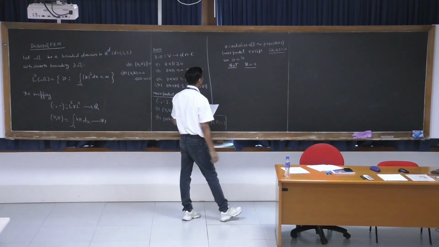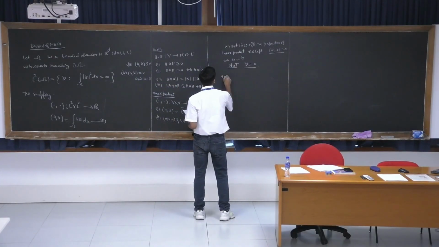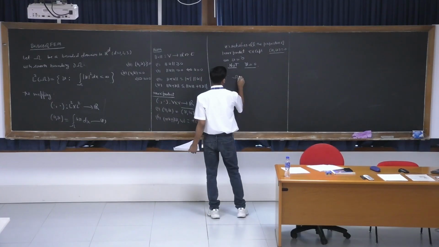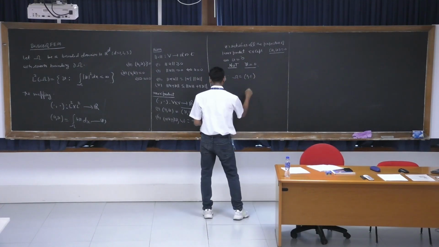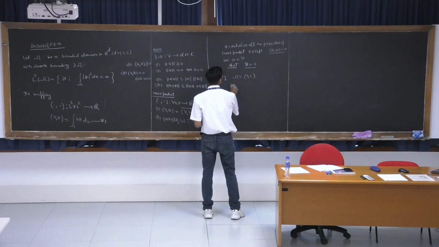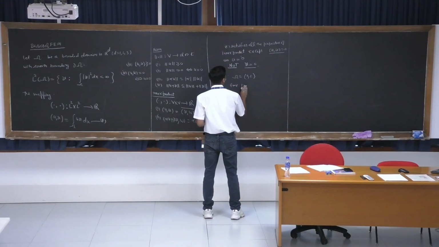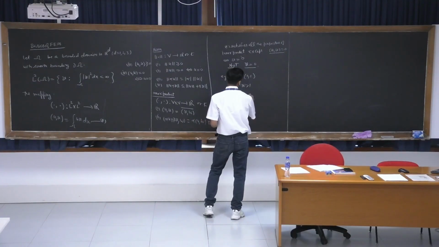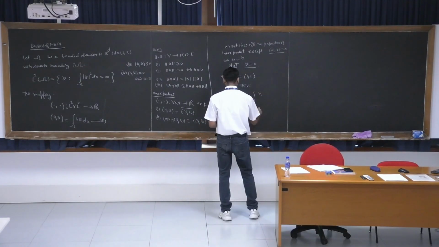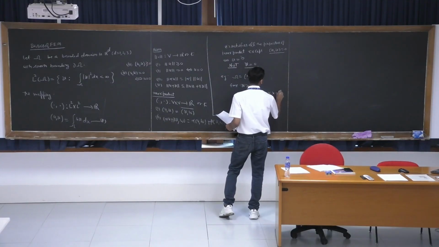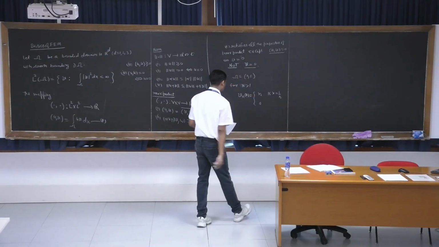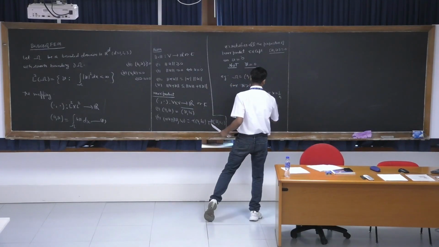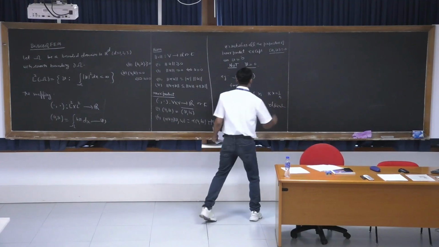Assume our domain is 0 to 1, and for n greater than 1, define a sequence v_n that is equal to n if x is equal to 1 by n, and 0 elsewhere.